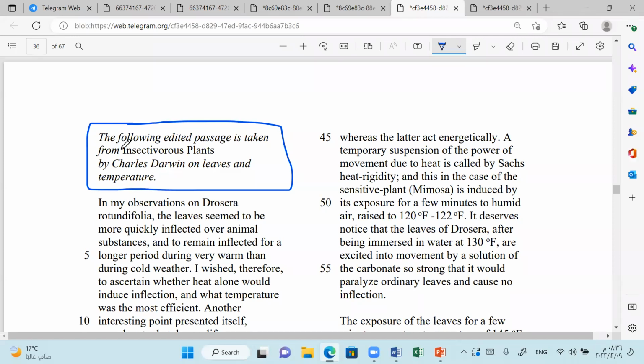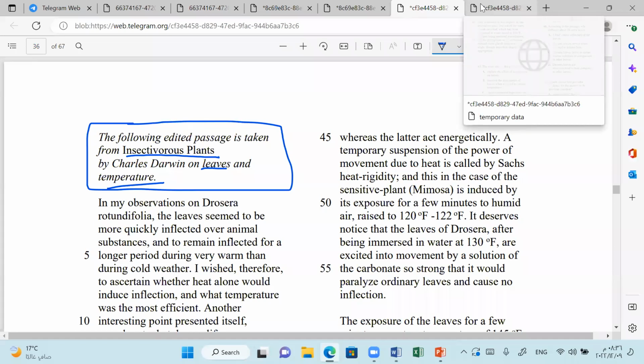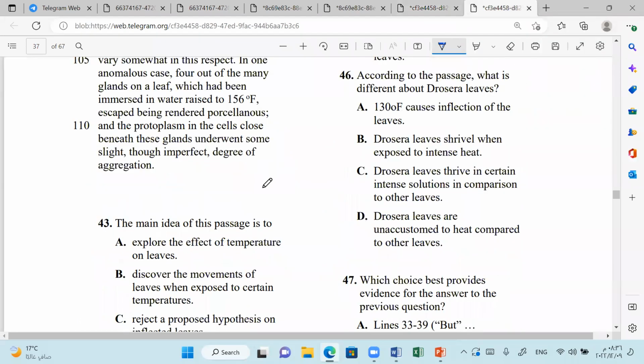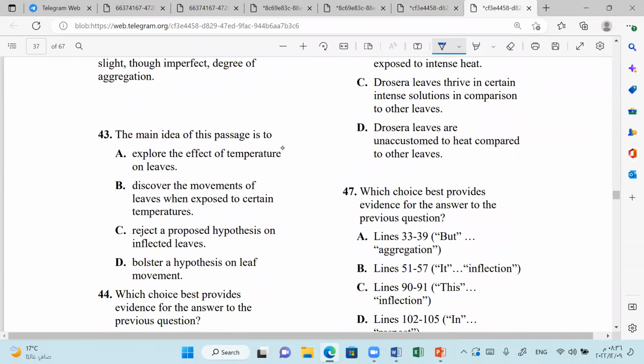Is it clear? So we have plants, leaves and temperature. Let's try to think about the choices.